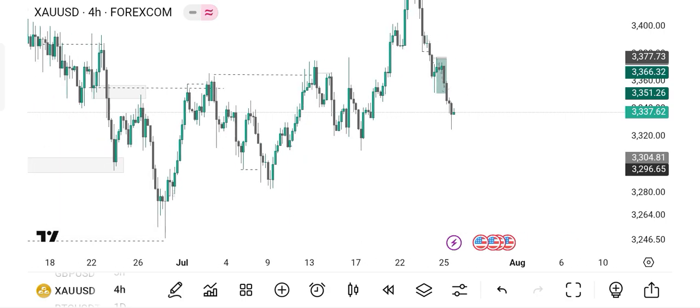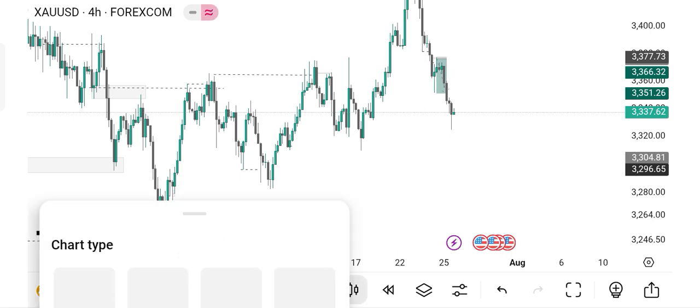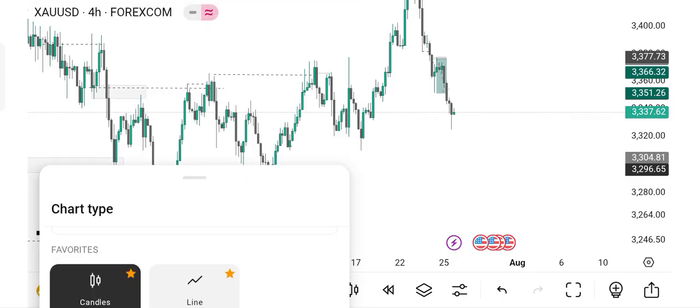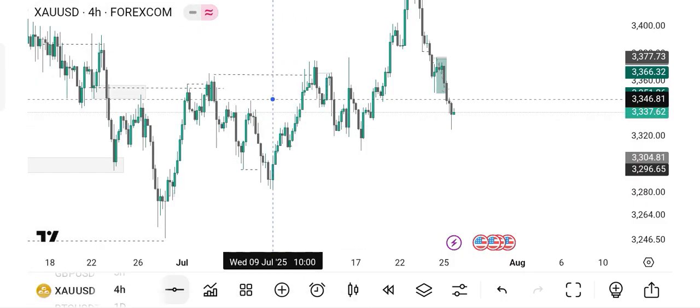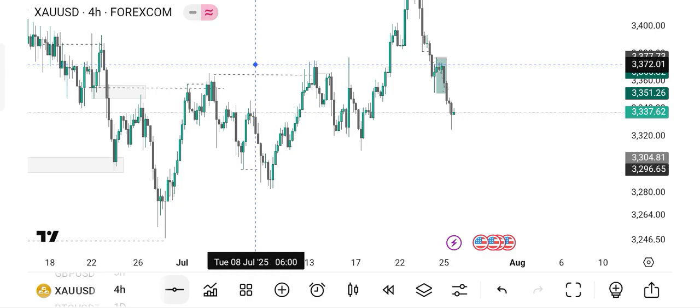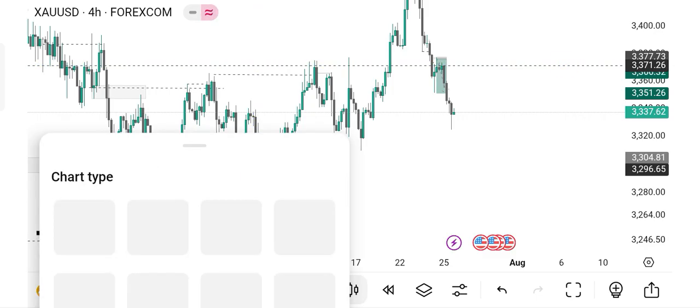So another sell again, from this zone, or this key level rather. Price sold from this key level, which you can see from this line chart.